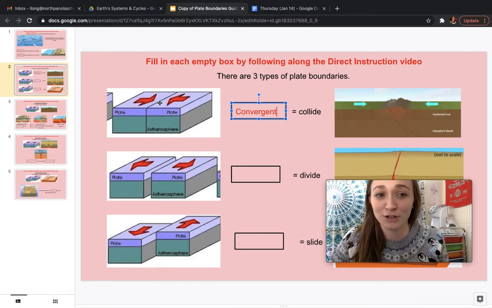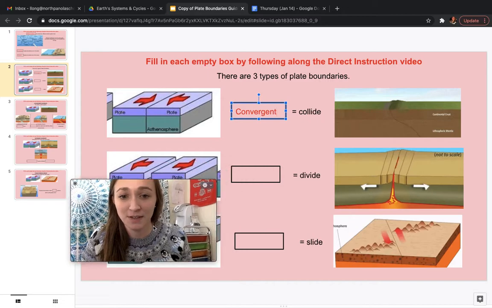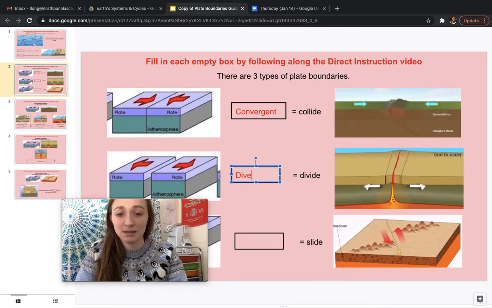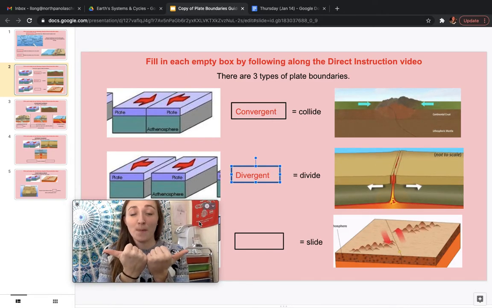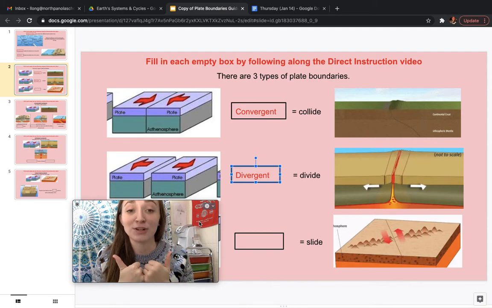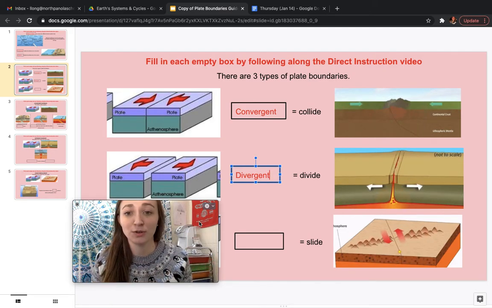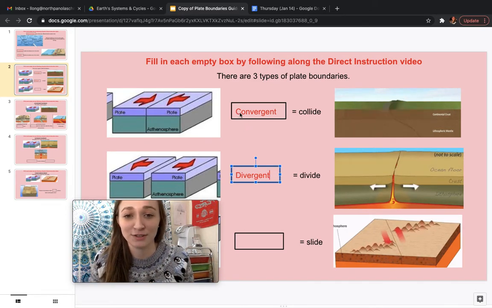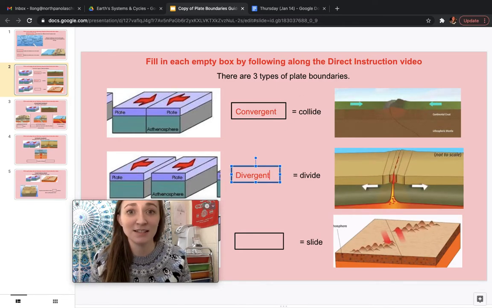Now the opposite of that is a divergent boundary. If you see the arrows going apart from each other, think D for divide. They're dividing, so they are moving away from each other. So convergent, colliding; divergent, dividing. Think of what these words start with: C, think collide; D, think divide.